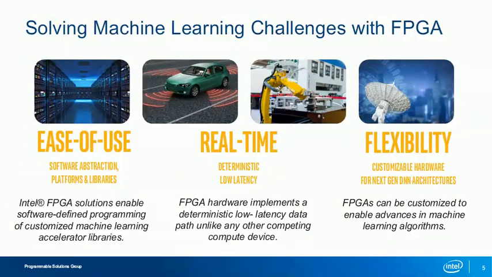FPGA's custom hardware, flexible I/O, and high on-chip throughput can implement low-latency data paths for deterministic execution. FPGAs are also customizable and reprogrammable, so they have the flexibility to accommodate the latest neural network architectures. These characteristics, in combination with low latency, high throughput, and power efficiency, make FPGAs the accelerator of choice for inference.